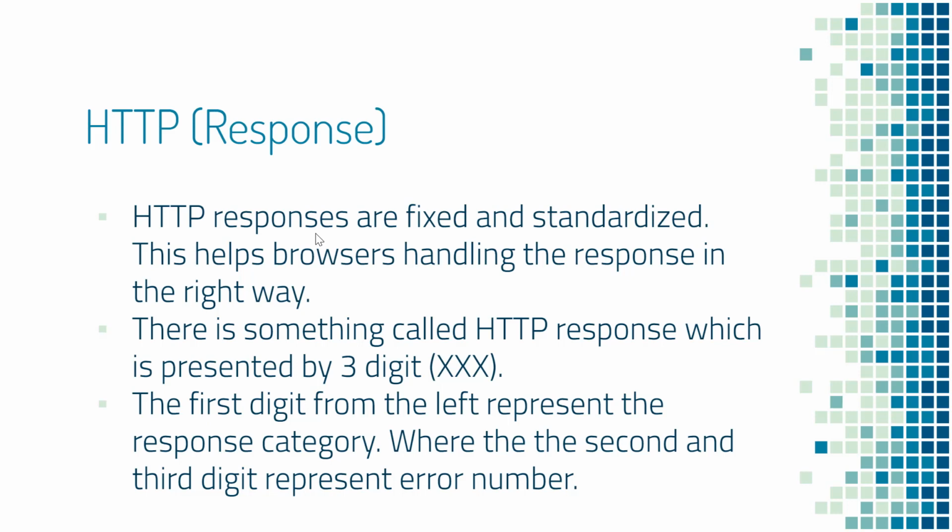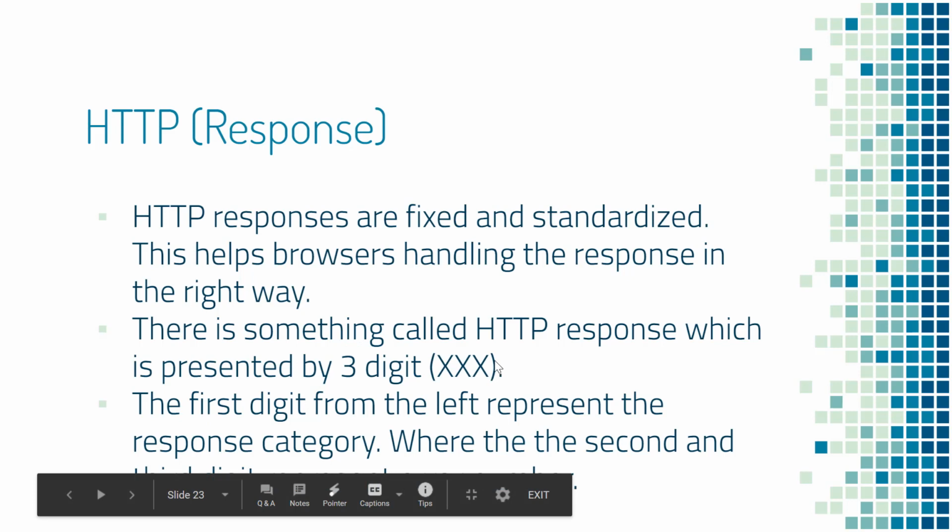And when the response comes to the client, it has to understand how to work with or process this response. So the response has something called a response code. The response code is used by the browser to understand what happened to your request. This code is about 3 digits in this format.